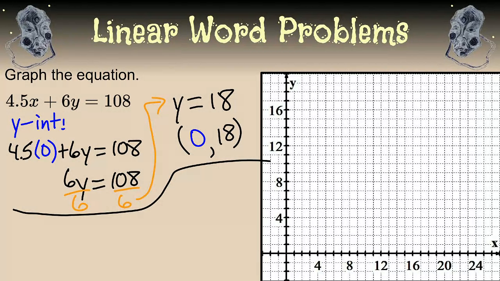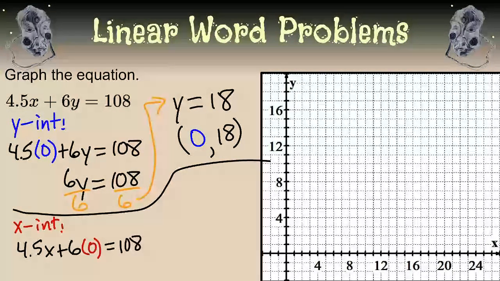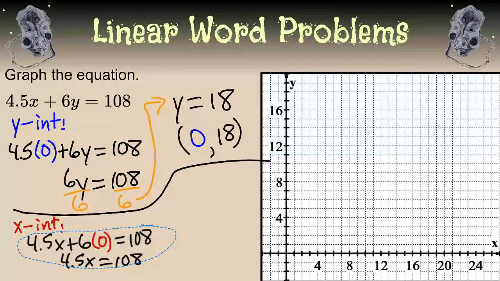Next, we have to plug for the x-intercept. We have to plug 0 in for y. So we have 4.5x plus 6 times 0 equals 108. So we have 4.5x equals 108.